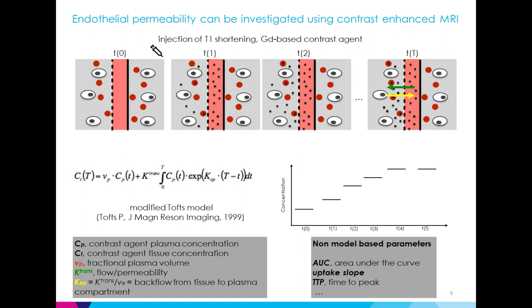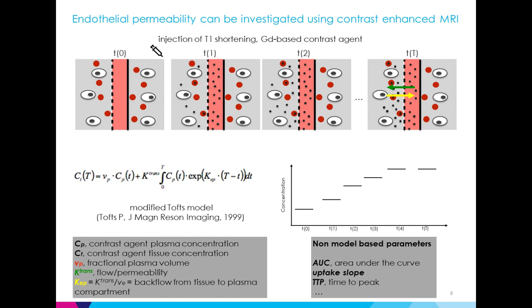As I mentioned here on the right side, we can calculate area under the curve after doing our best to convert MR signal to contrast agent concentration in the tissue, uptake slope, time to peak. And there is also some other approaches that are quite interesting. Those are called relative modeling approaches.